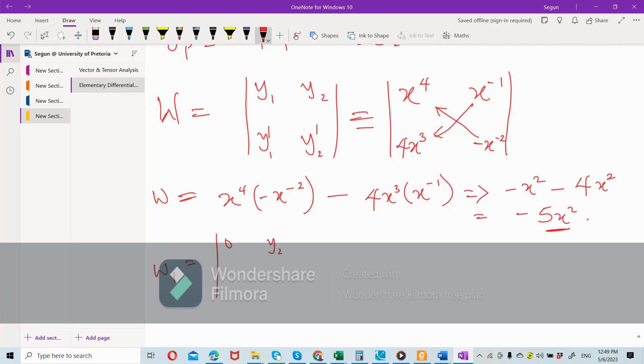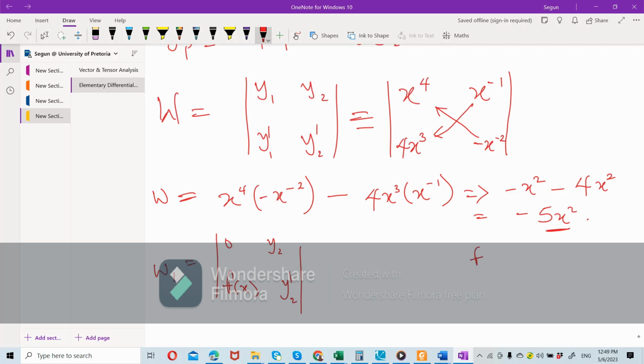What do we have here? We have f of x to be, then y prime 2. Now, don't forget f of x.